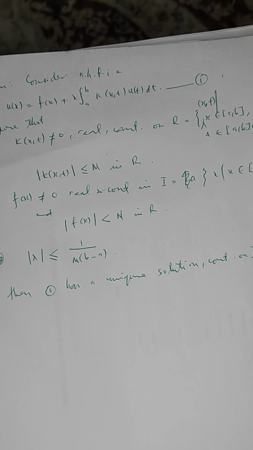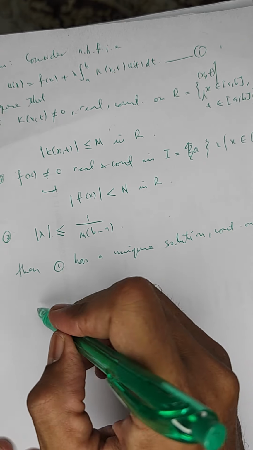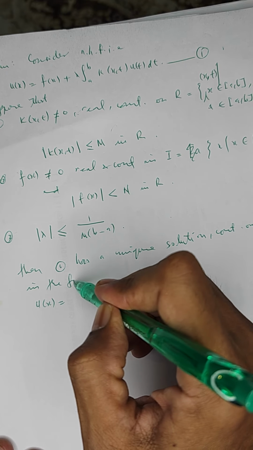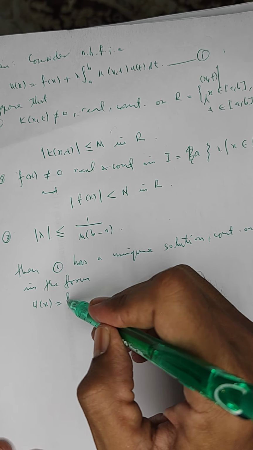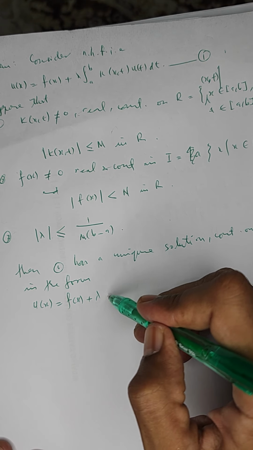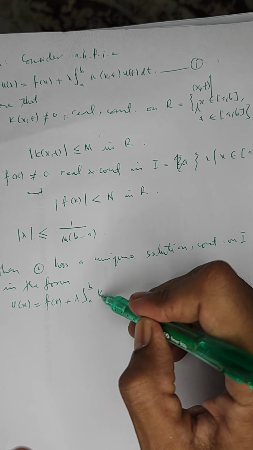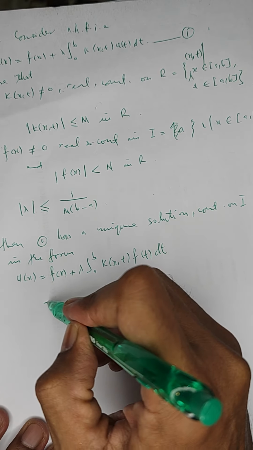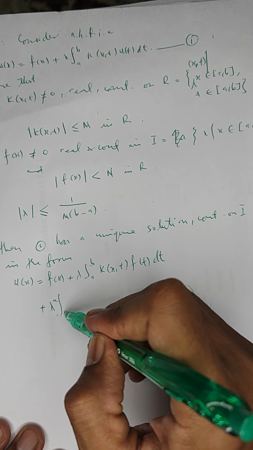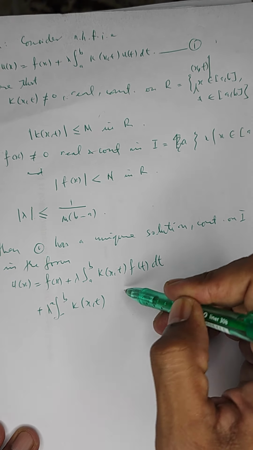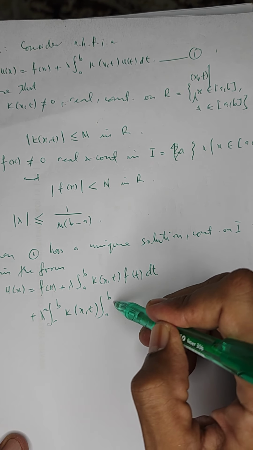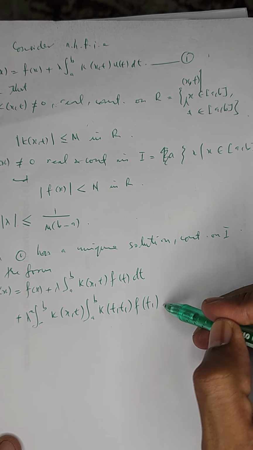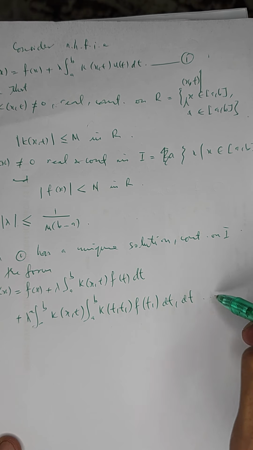as well as the form of the solution is given as u(x) equal to f(x) plus lambda integrate a to b k(x,t) f(t) dt plus lambda squared integrate a to b k(x,t) integrate a to b k(t,t1) f(t1) dt1 dt, and so on.